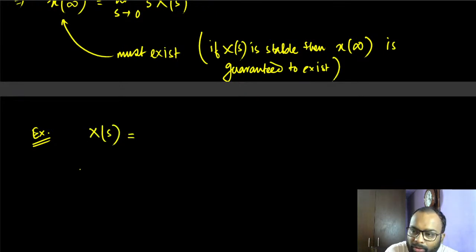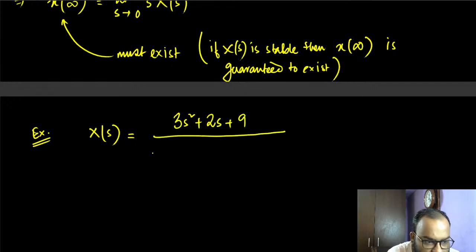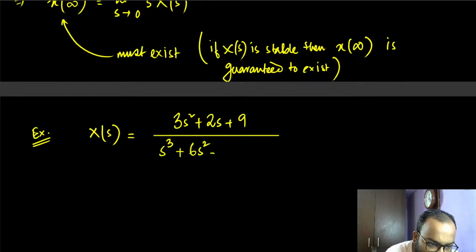We calculated X(s), and X(s) turned out to be something like, I don't know, (3s^2 + 2s + 9) divided by (s^3 + 6s^2 + 11s + 6), something like that.